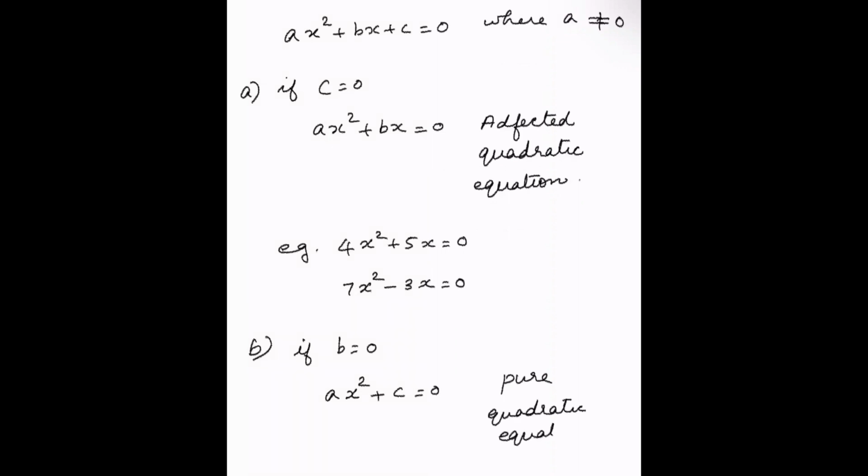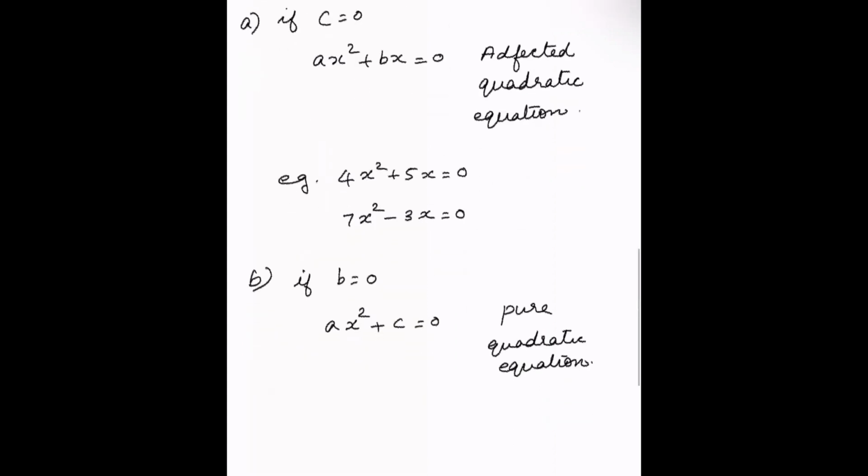Example, x square equal to 4, or 3x square minus 8 equal to 0. You have an x square term and a constant term. What is missing is the x term. So that is called pure quadratic equation.